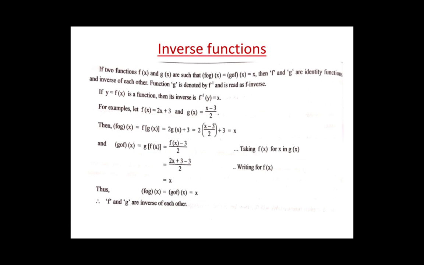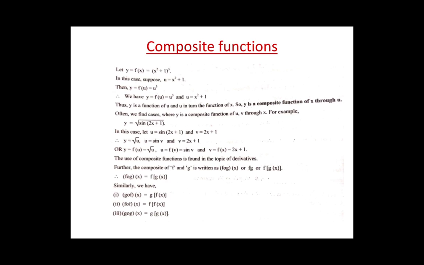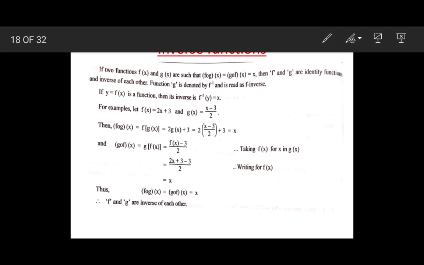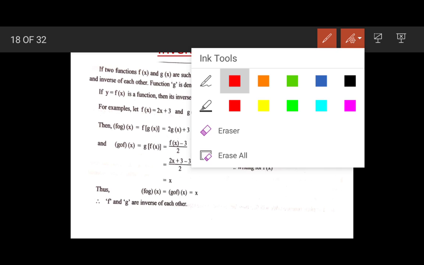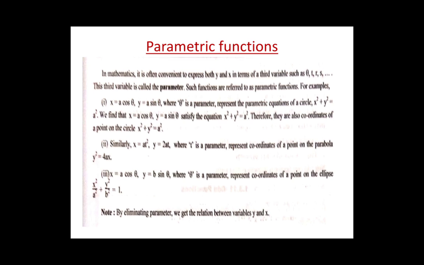So inverse function means we are finding f of g of x, then we are finding g of f of x, and both are equal to x. Then that function is an inverse function. Okay. Then next is a parametric function. This is also a very important type which we are going to use in derivative.